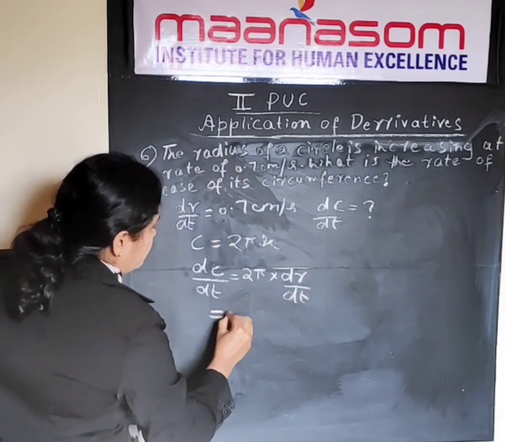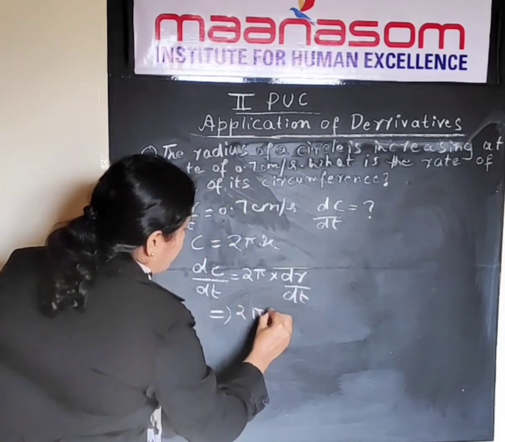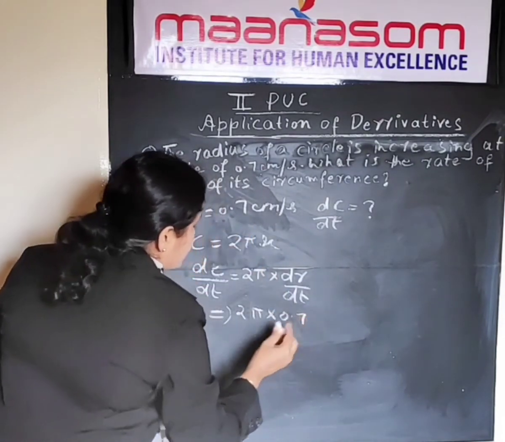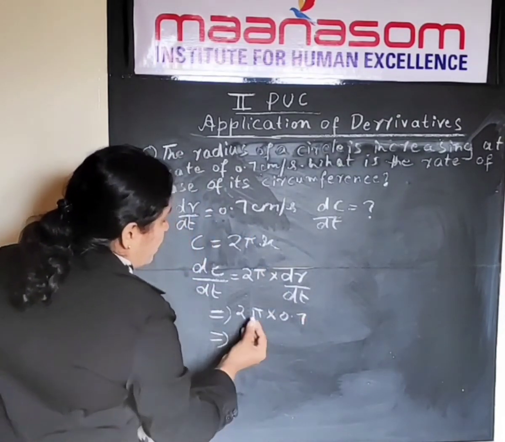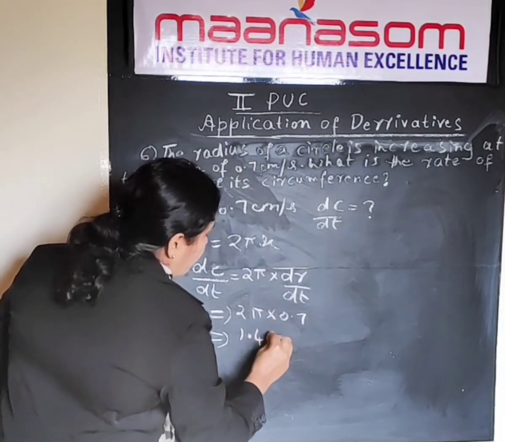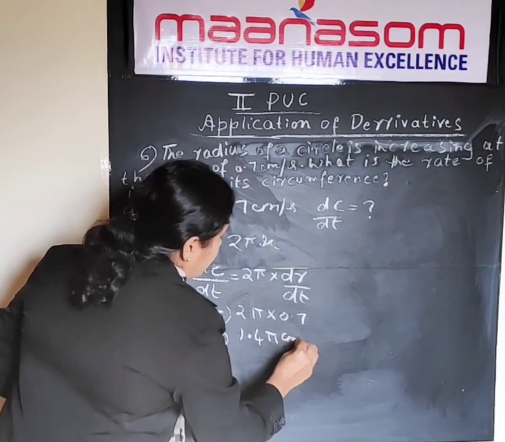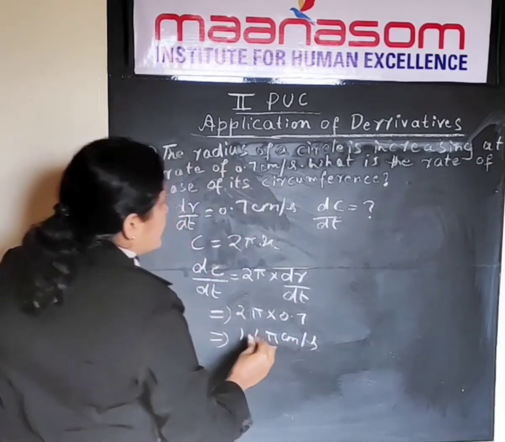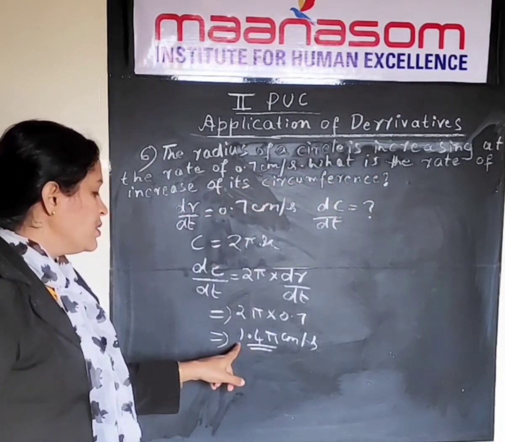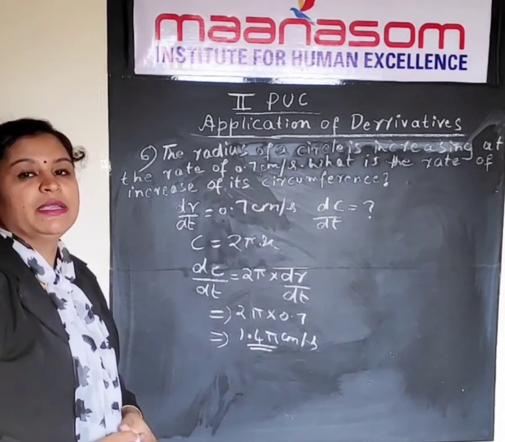So this will become 2 pi into, what is our dr by dt? It is 0.7 centimeter. So this will be 2 into 0.7 is 1.4, and we have a pi here, centimeter per second. This is the answer. That is, the rate of increase of the circumference is 1.4 pi centimeter per second.